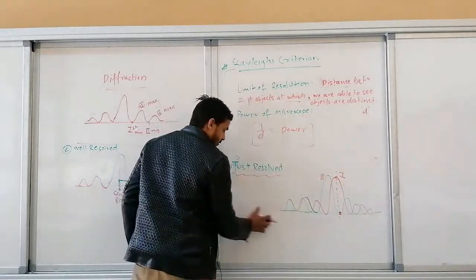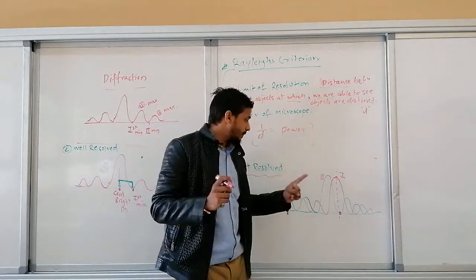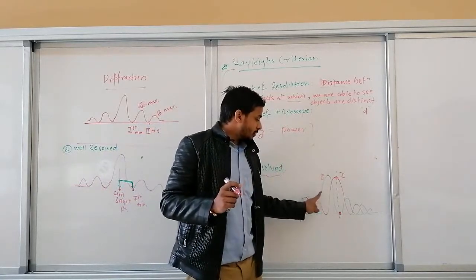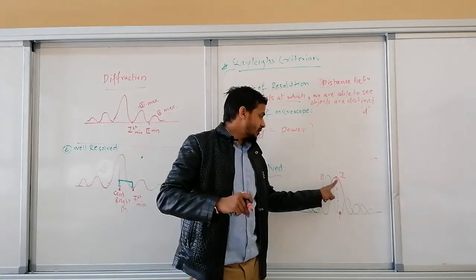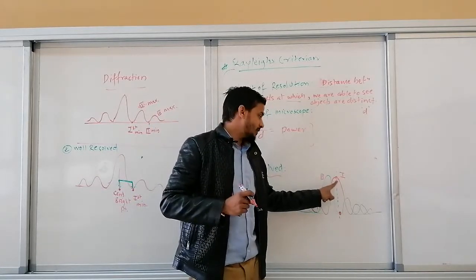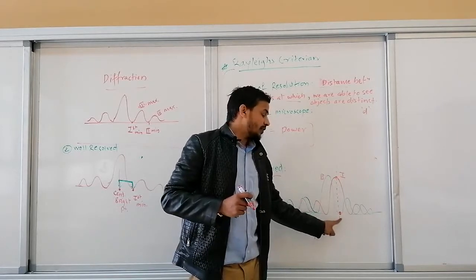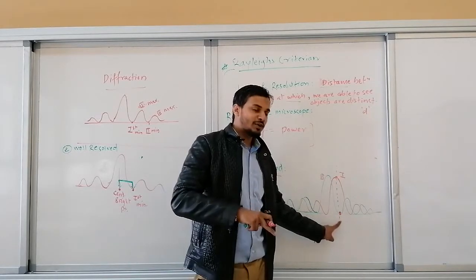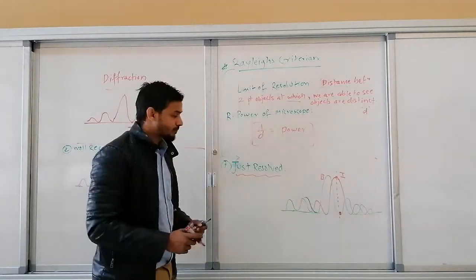So we can write the condition for just resolved. If the central bright point of the first diffraction pattern or point object is overlapping on the first minimum of the second point object, then this is said to be just resolved.